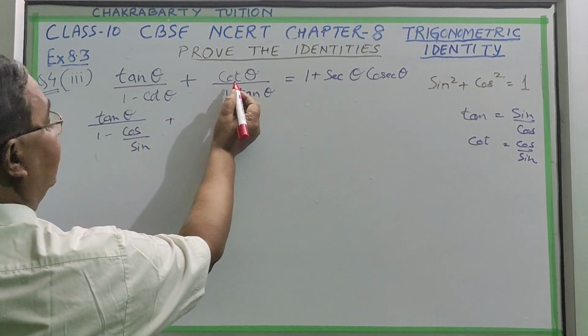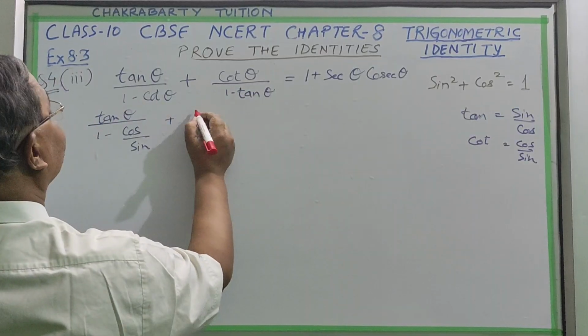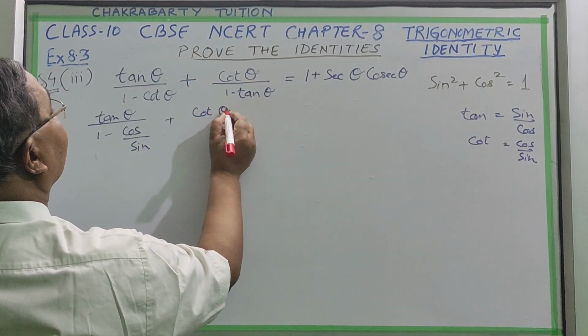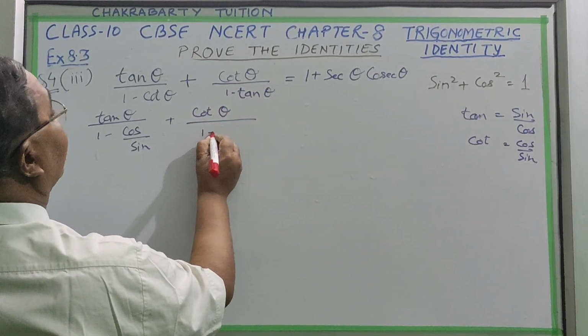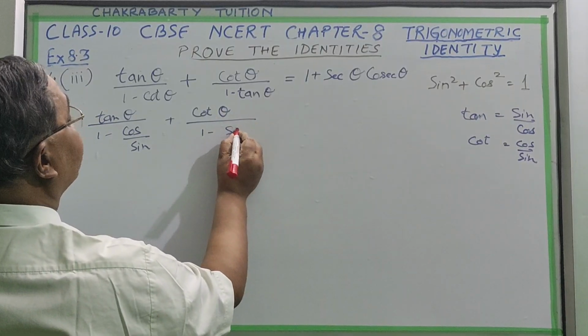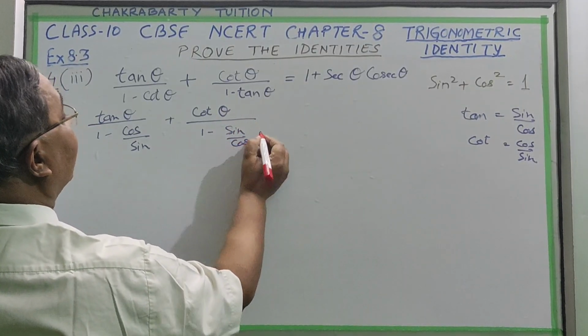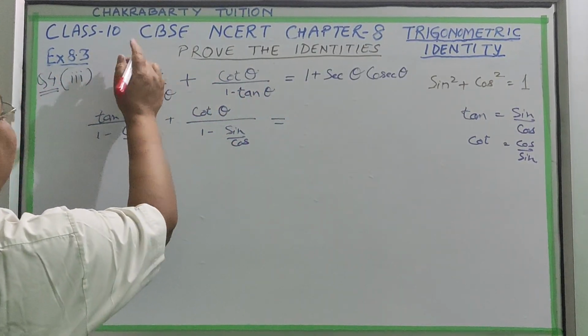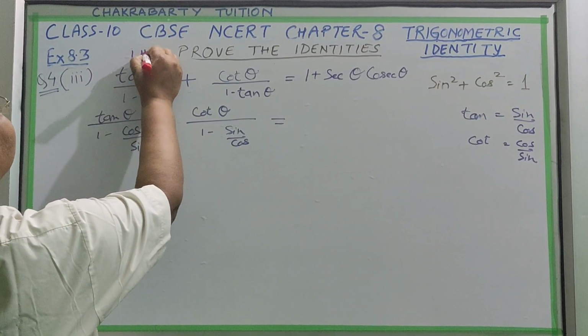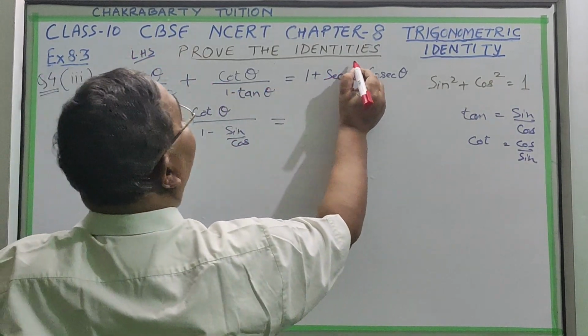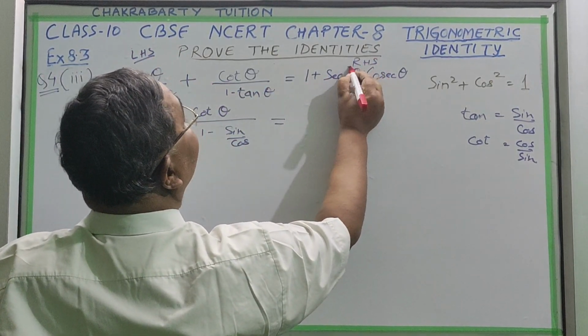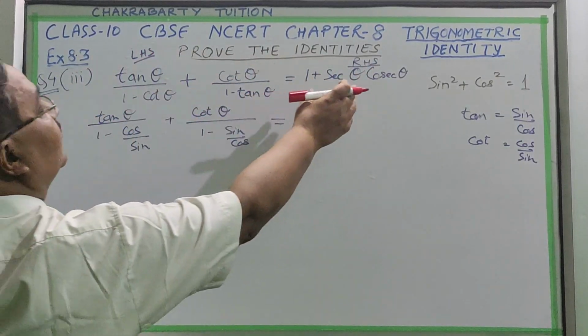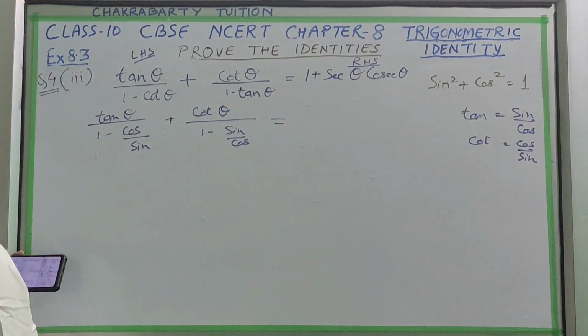Upper side first we are not changing, and here 1 minus tan we can write as sine upon cos. Okay, so this is your LHS, left hand side, and this is your RHS, right hand side. We have to prove the identity, LHS equal to RHS.